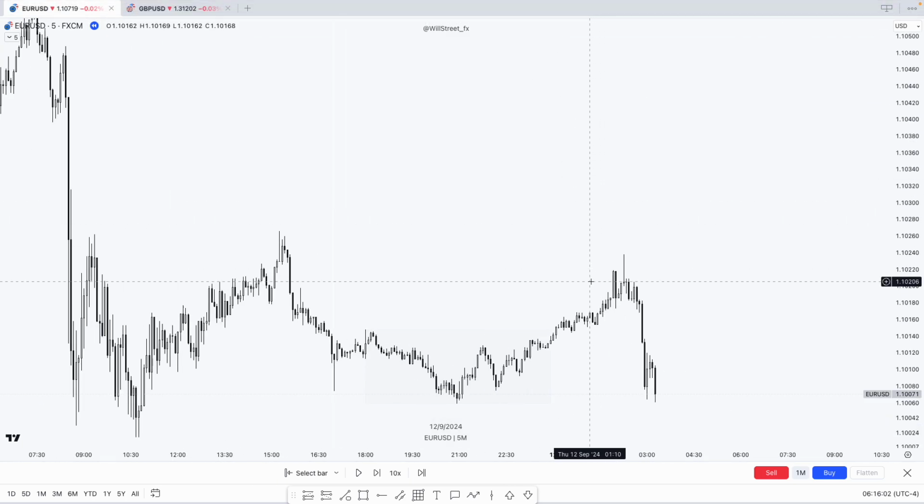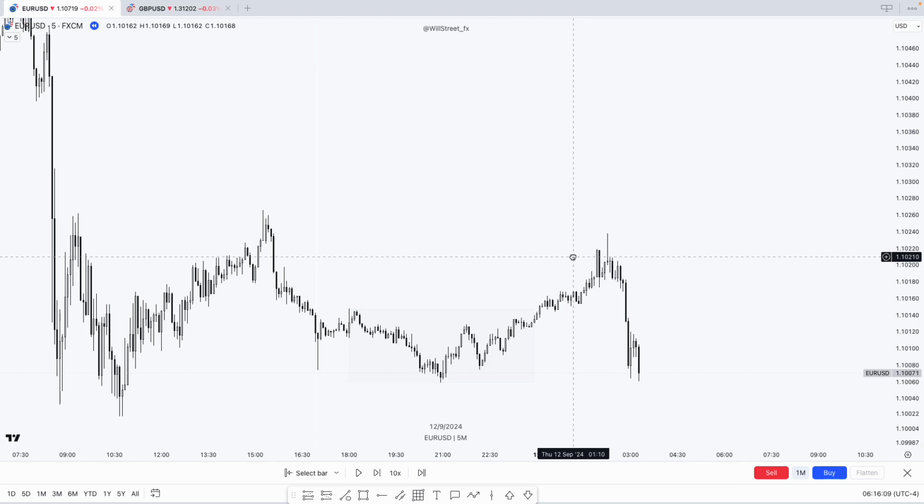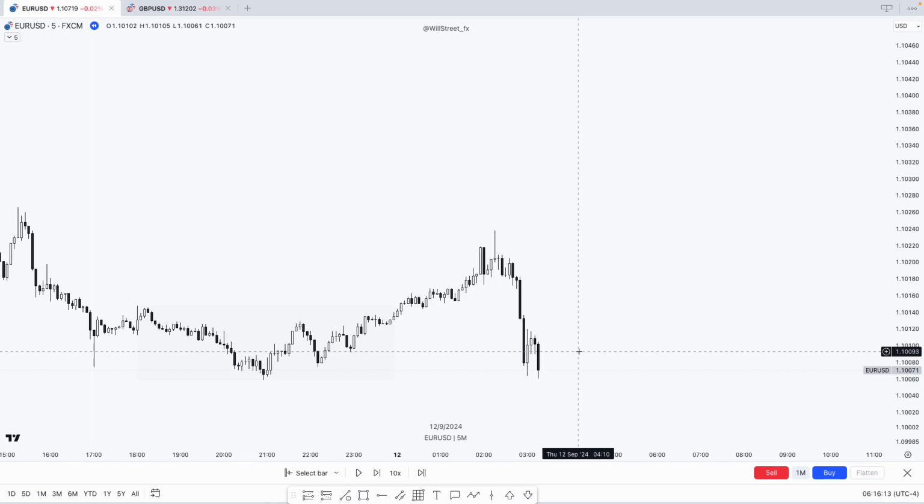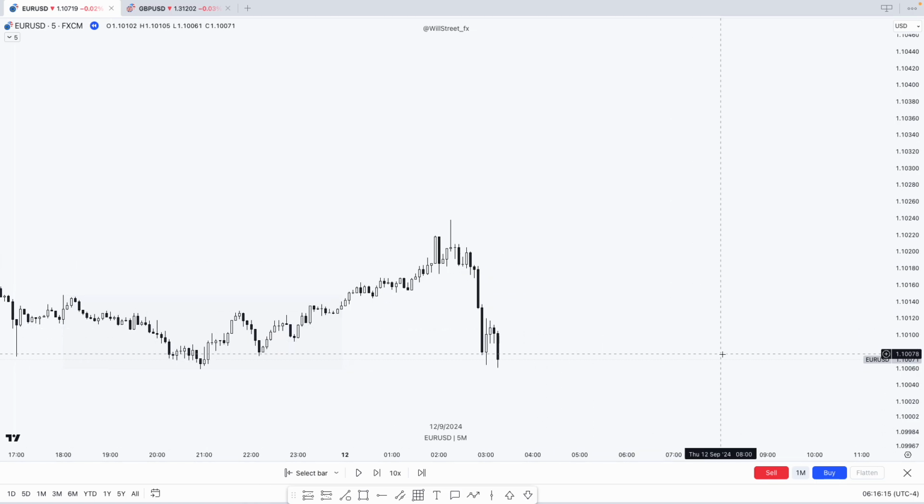But before looking for longs, you have to understand the context and the narrative of the day. We had interest rates of EU here, 8:15. We had, 15 minutes later here, the unemployment and PPI.